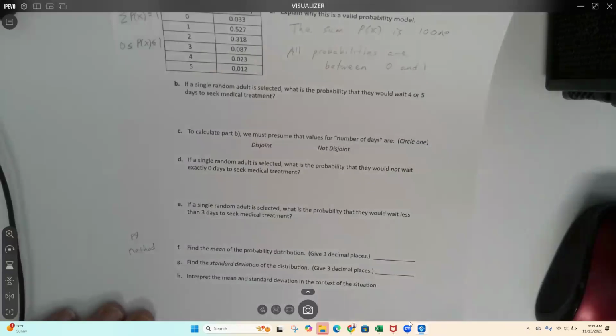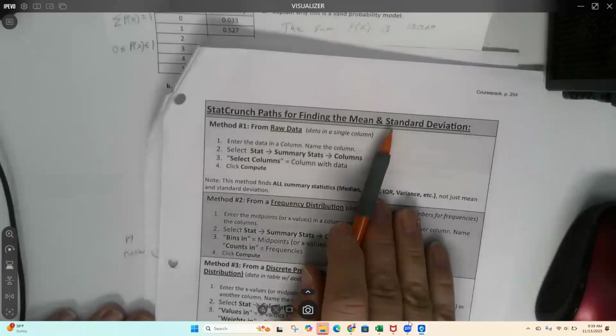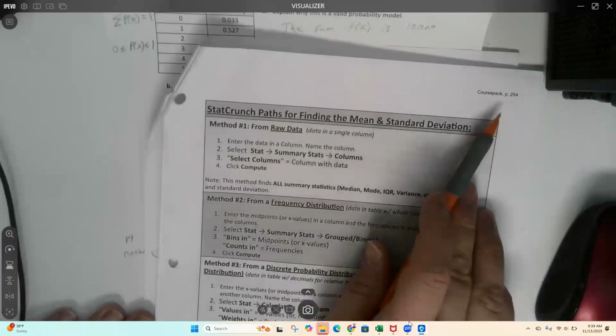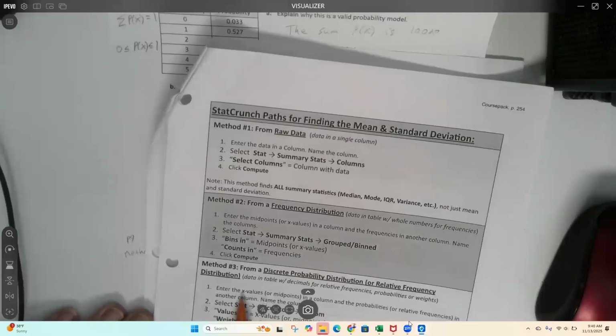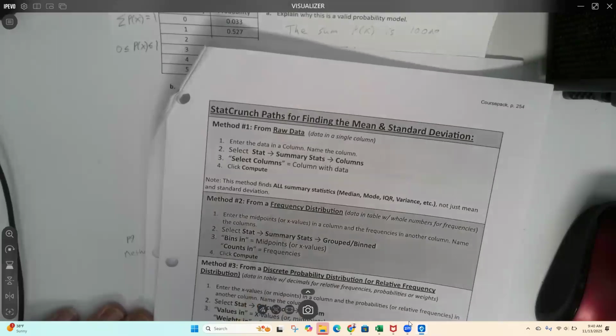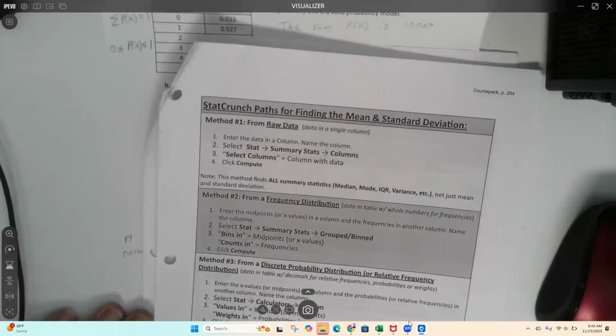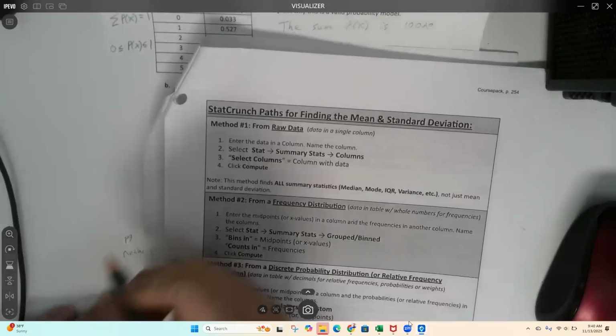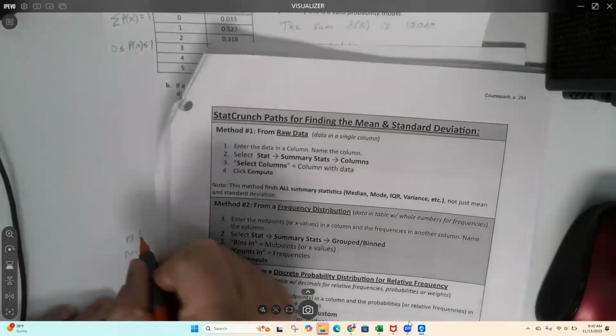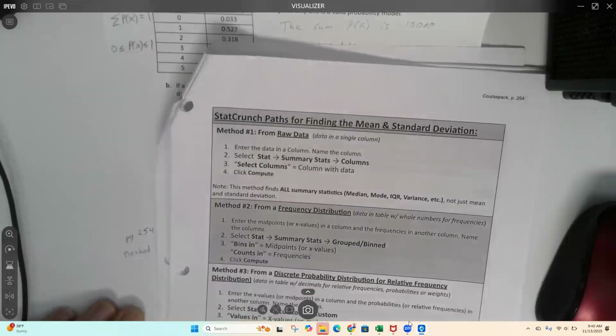So the page for finding mean and standard deviation is page 254, and there were three methods: raw data, frequency distribution. So which method am I using here? Method one, two, or three? What do you guys think?